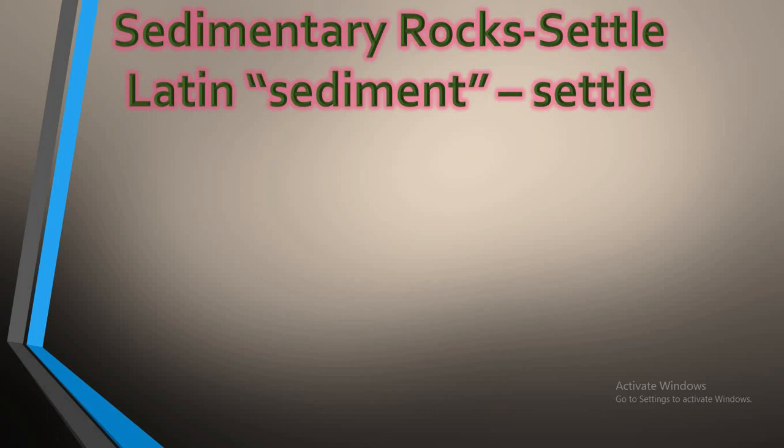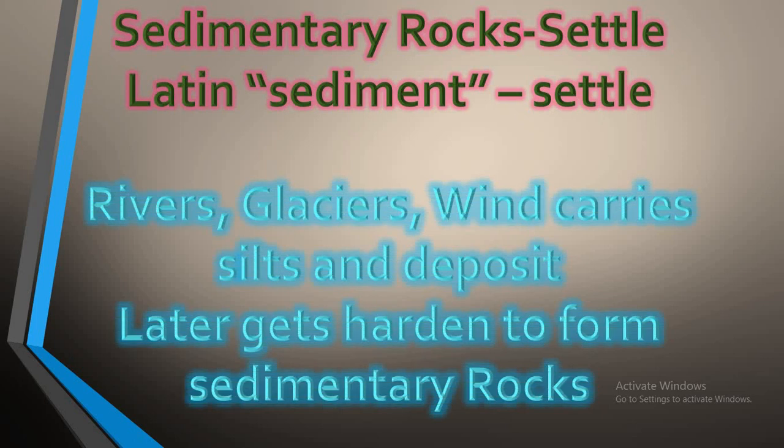Here, sedimentary means settle. So, what do we mean by settle? The rivers, glaciers and wind carry the silt and deposit it. So for millions of years, these deposits get hardened like rocks.